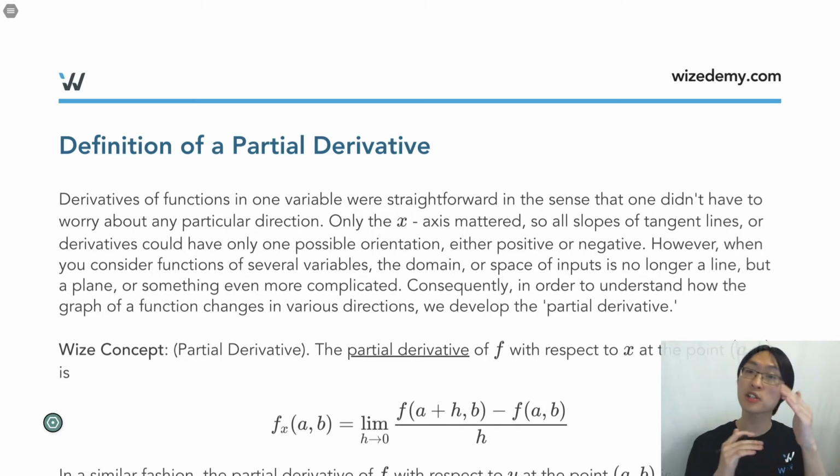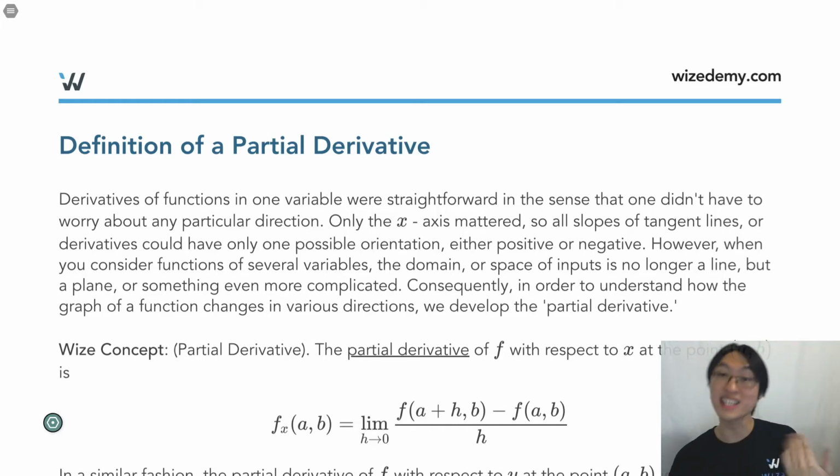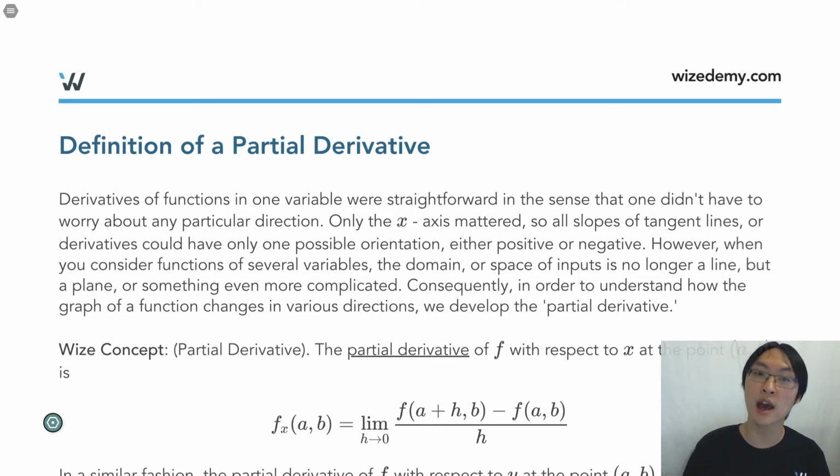If your slope was positive, your function would increase as it moves to the right. If your derivative was negative, your function would decrease over time. So it told us how the function would behave along the x-axis. We want to somehow get this information once again, but in this more general planar setting.